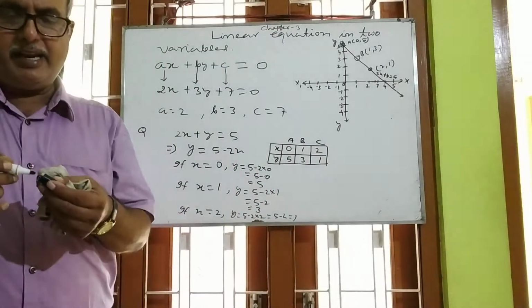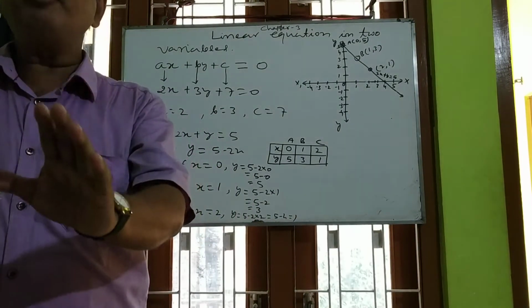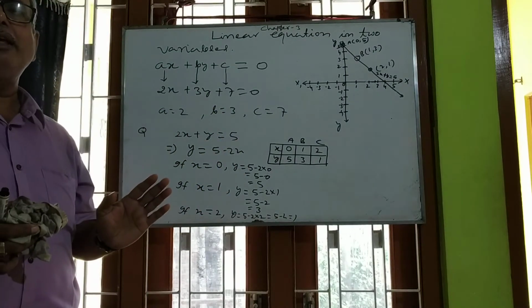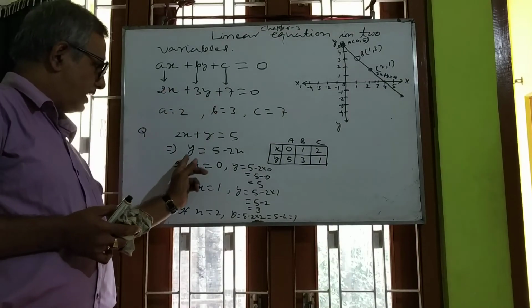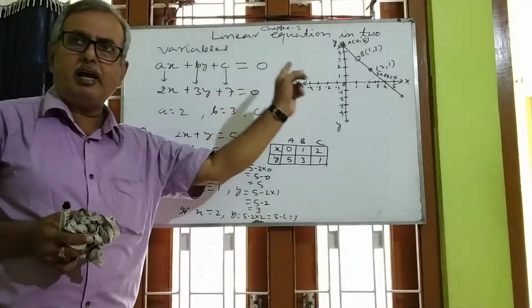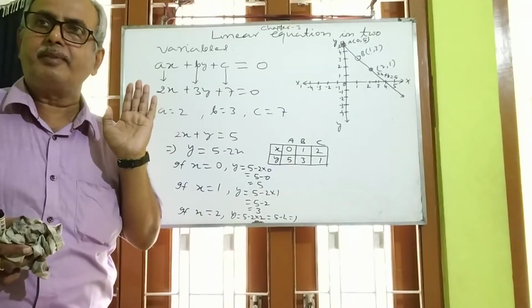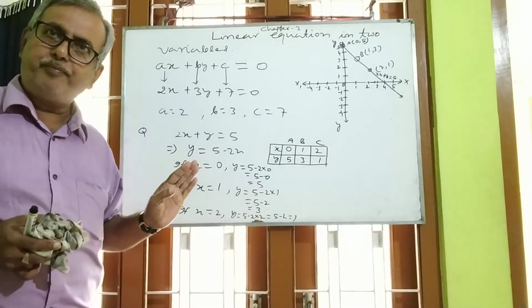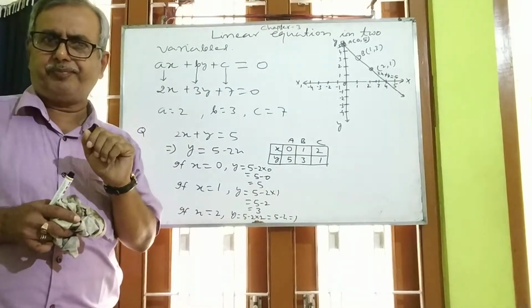My dear students, you might have come to know that it is called a linear equation, and why is it so? Because with this equation we have drawn a straight line, so it is called a linear equation. On the graph paper you have to draw all these things. Understood now? In this chapter, what are the things coming?